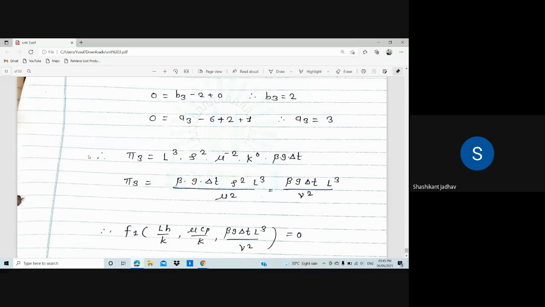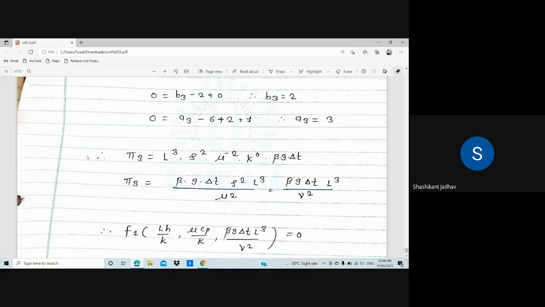So what is the pi3 equation? Pi3 is equal to L raised to 3, rho raised to 2, mu raised to minus 2, k raised to 0 into beta g delta t. So from this we get pi3 is equal to beta g delta t into rho square L cube divided by mu square.